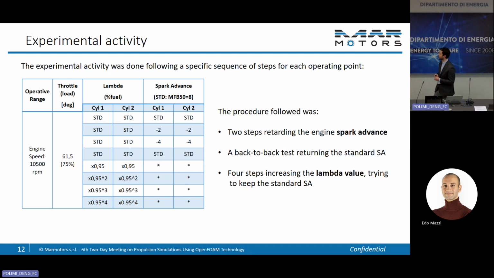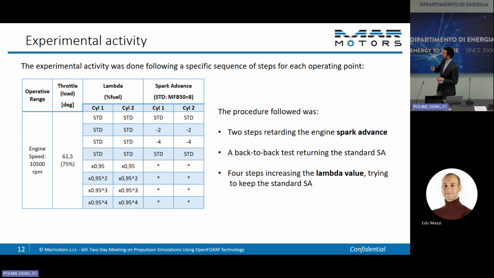These are the strategy of the test that we followed. So first of all, we found the MBT spark advance of the engine, that is called standard here. That corresponded to an MFB50 of 8-degree crank angle, and then we tried to retard the spark advance and see what kind of behavior the engine had.